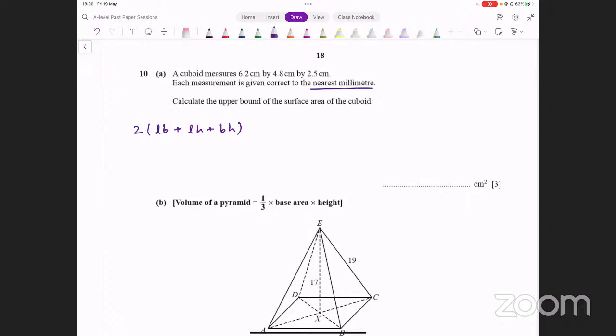Now we have to be a bit careful about the units here as well. So we are given lengths in centimeters. That's one thing. Each measurement is given correct to the nearest millimeter.